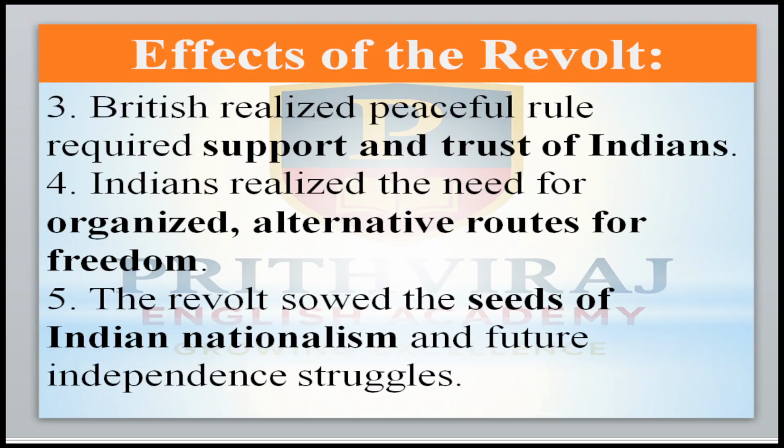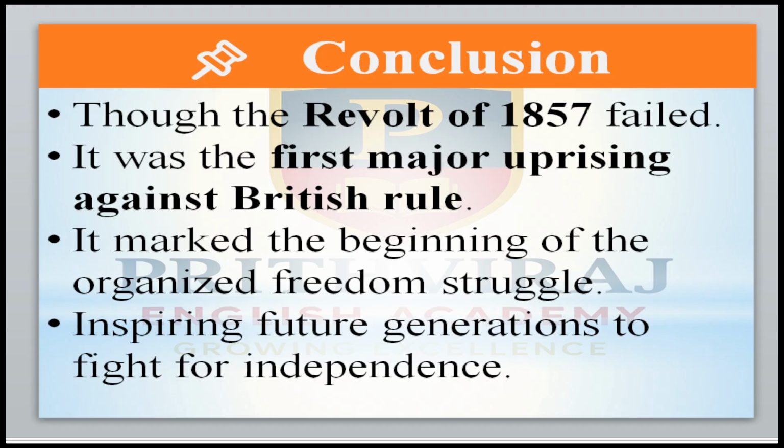Now the second effect is over; come to the third. The British realized that peaceful rule required the support and trust of the Indians. Indians realized the need for organization and alternative routes to freedom. The revolt sowed the seeds of Indian nationalism and the future independence struggle.